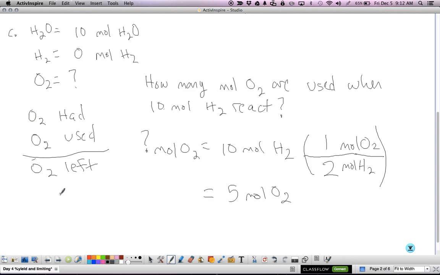Okay, so I had 6 moles of oxygen. I used 5 moles during the reaction. So I'm left with 1 mole. Okay? So here's my answer. 1 mole oxygen remains. Okay?